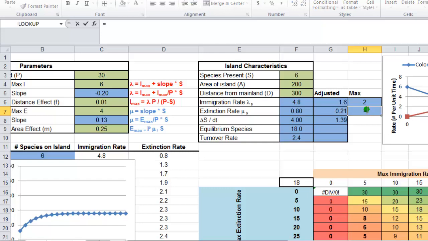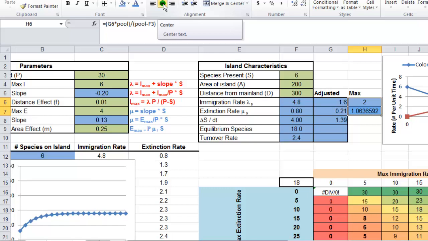So that's going to be the species pool times the extinction rate mu divided by the species present, and we end up with 1.06. So that gives us our correctly adjusted maximum rates for the island biogeography model, where we consider area and distance into our equations.